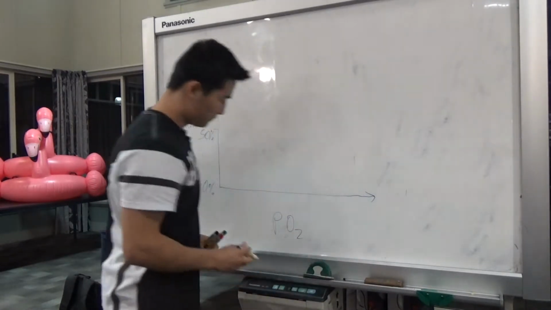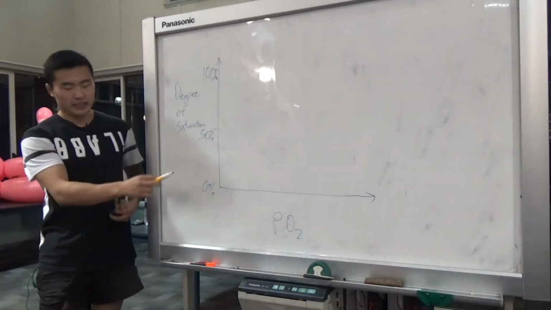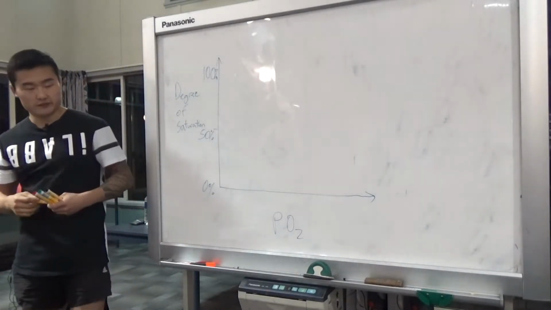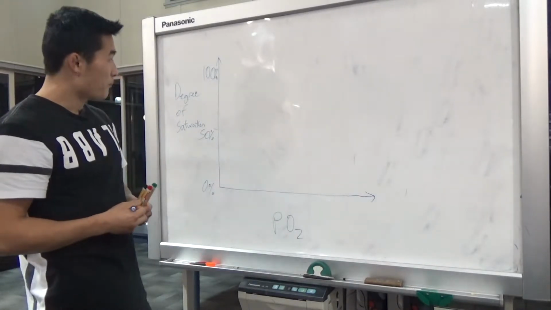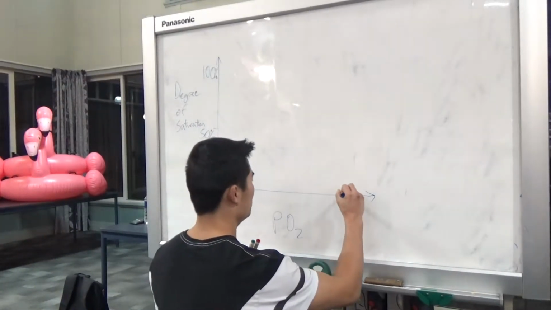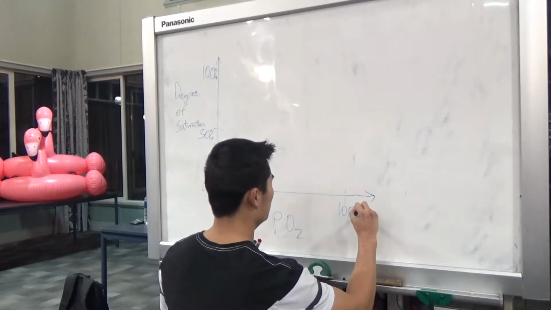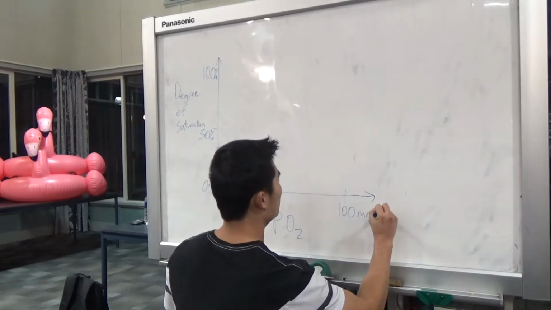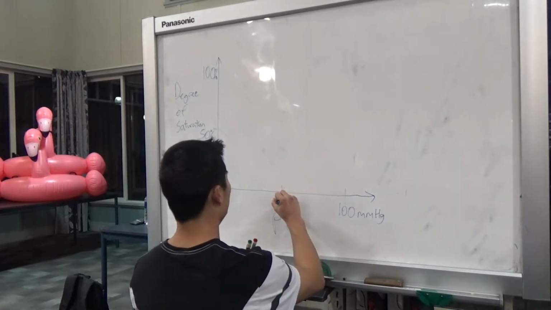So we'll just say PO2, that represents the partial pressure of oxygen. Okay, so we'll just say this is 100 millimeters of mercury. Here's 50.